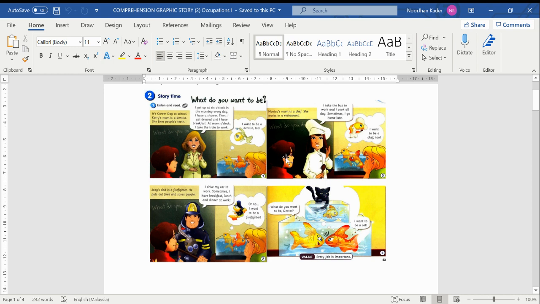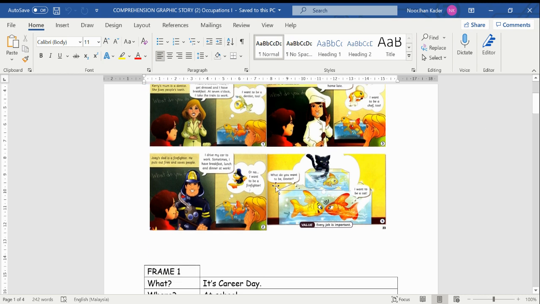Okay, and the third frame. Monica's mom is a chef. She works in a restaurant. Monica's mom gives a speech here on career day at school: I take the bus to work and I cook all day. Sometimes I go home late. And look at the yellow goldfish again: I want to be a chef too.